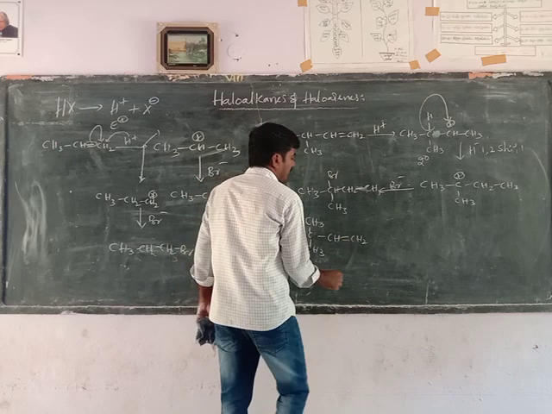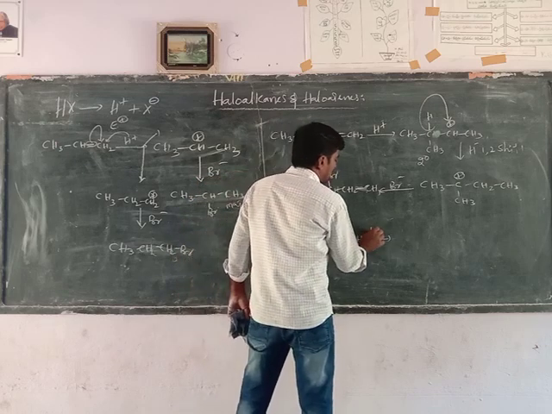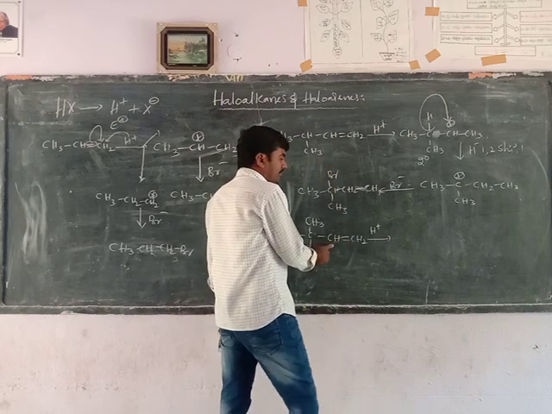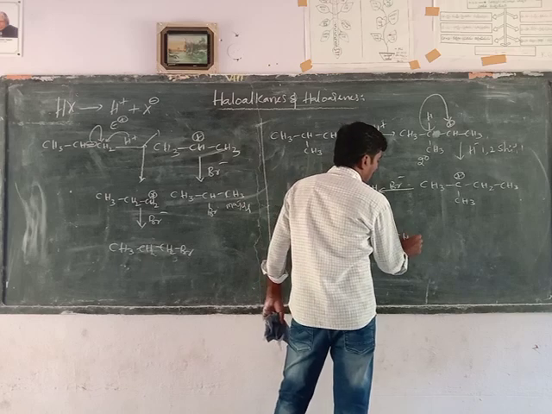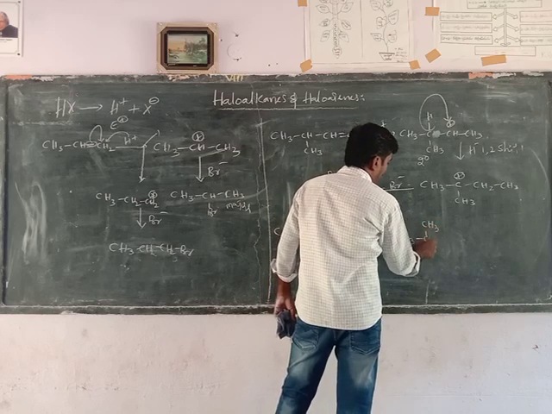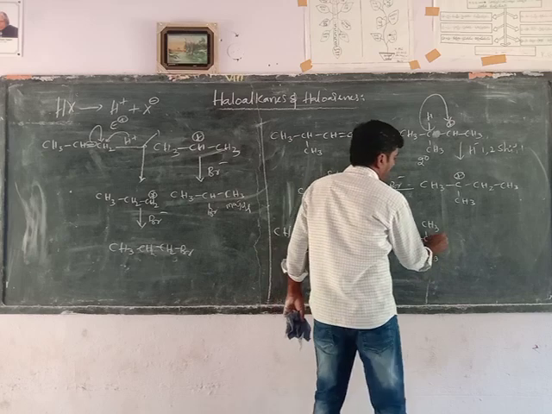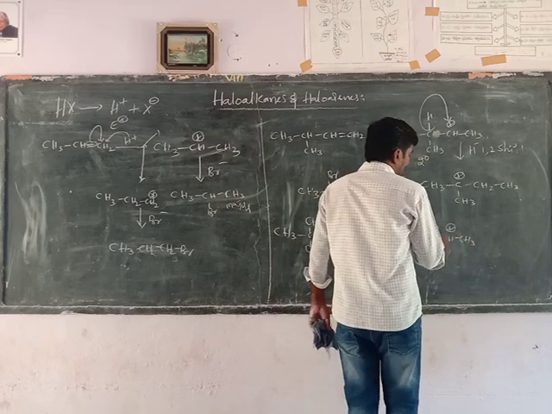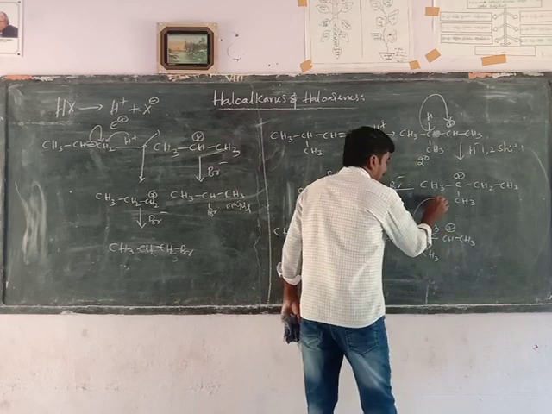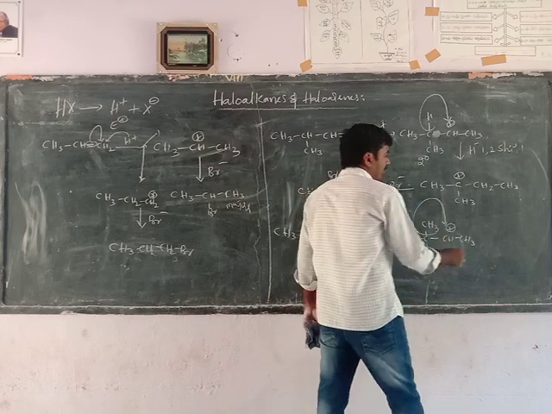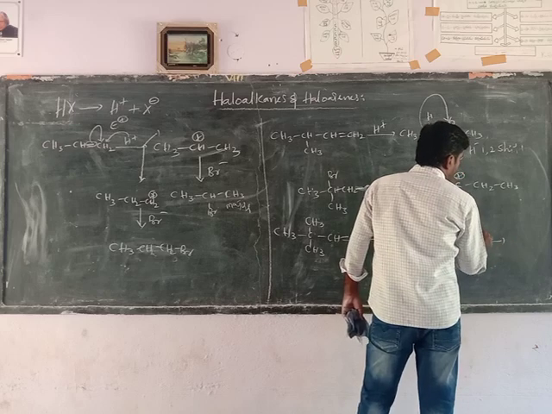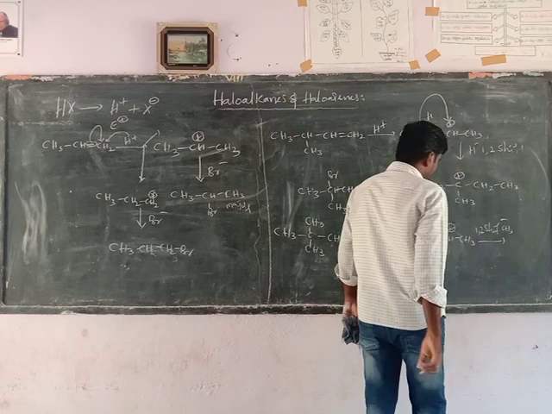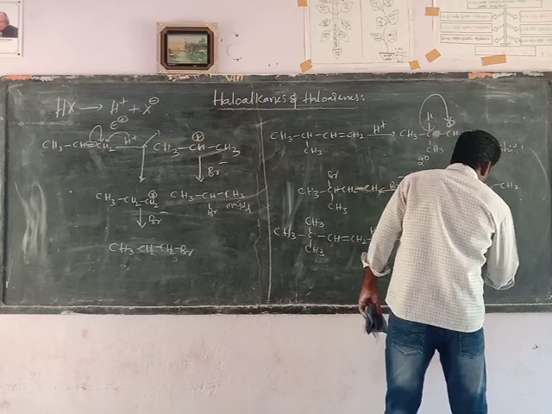This alkene reacts with hydrogen bromide. Initially, the proton reacts with the alkene to form a secondary carbocation. The secondary carbocation increases its stability by the shifting of a methyl group from the 1,2 position. A 1,2 shift of methyl forms a tertiary carbocation.